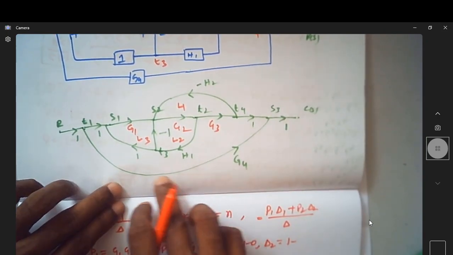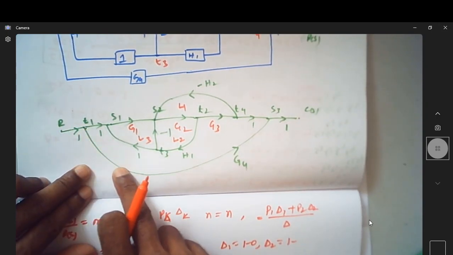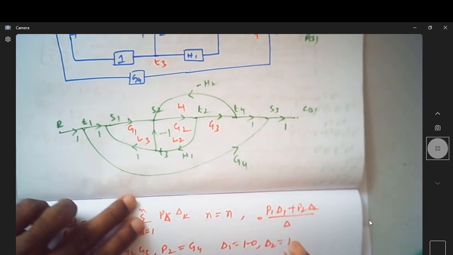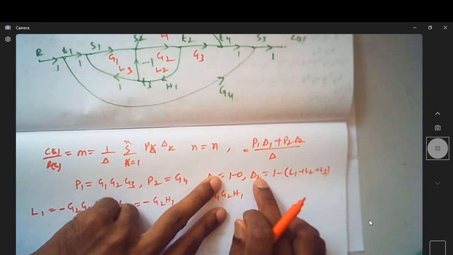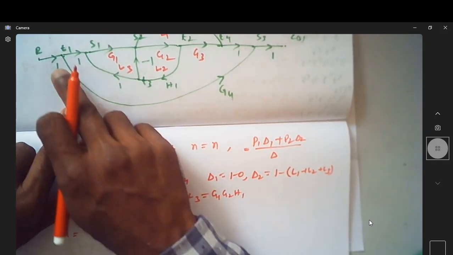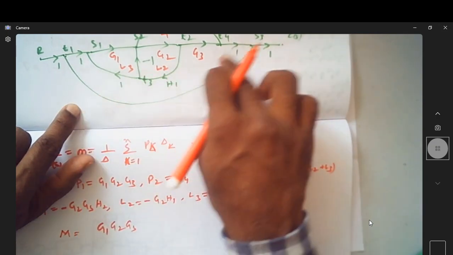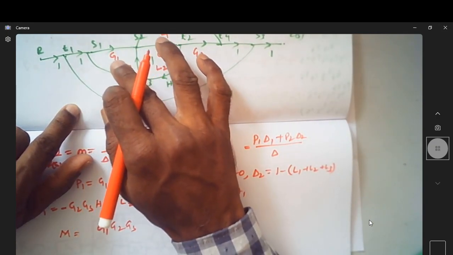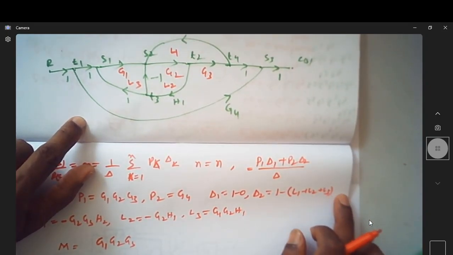This delta 2 corresponds to this forward path. How many loops will not touch it? None of the 3 loops L1, L2, L3 will touch this forward path, so it is 1 minus L1, L2, L3.